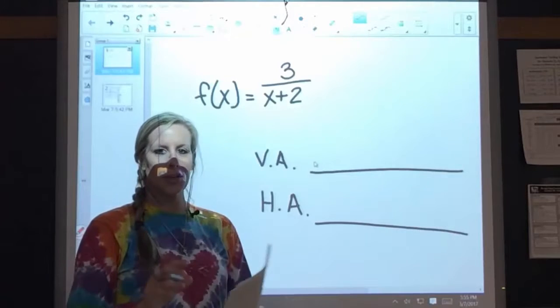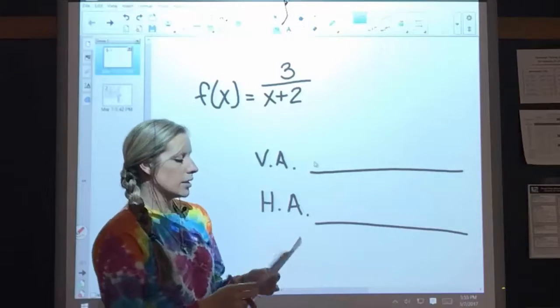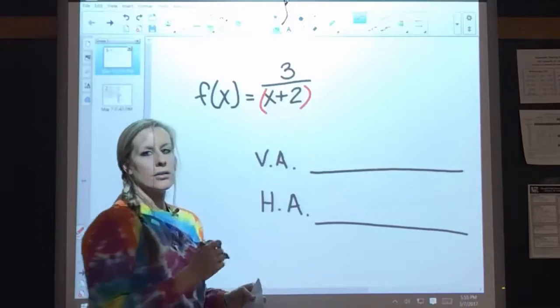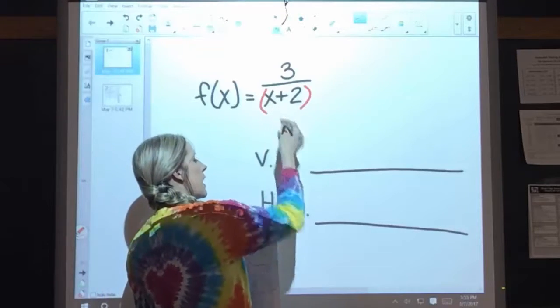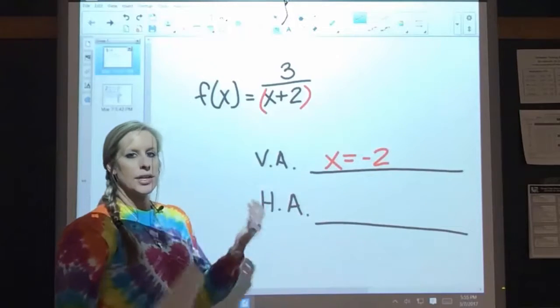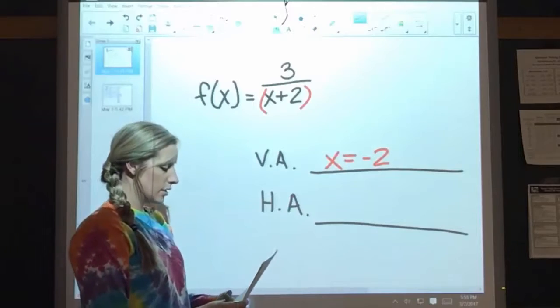second example, we're going to go through this a little bit faster now that we've kind of explained everything. So my vertical asymptote, I'm looking at my denominator. So when would my denominator be 0? It would be when x is negative 2. And since we can't divide by 0, we have an asymptote there. X equals negative 2.